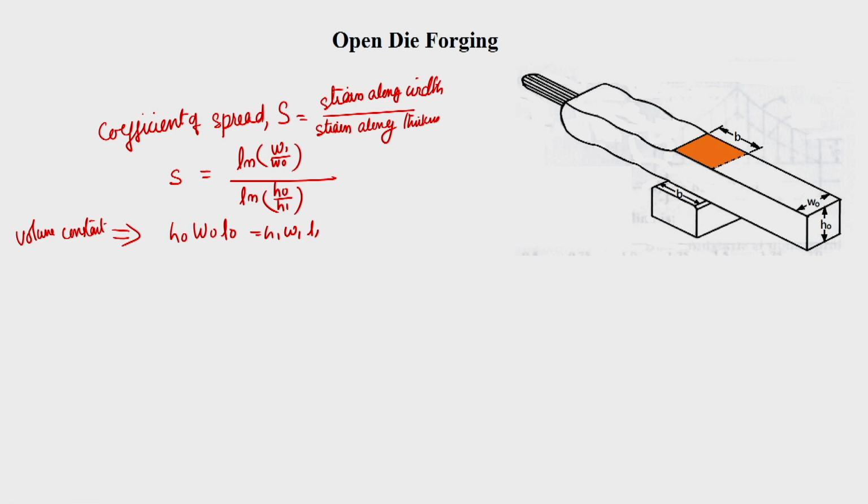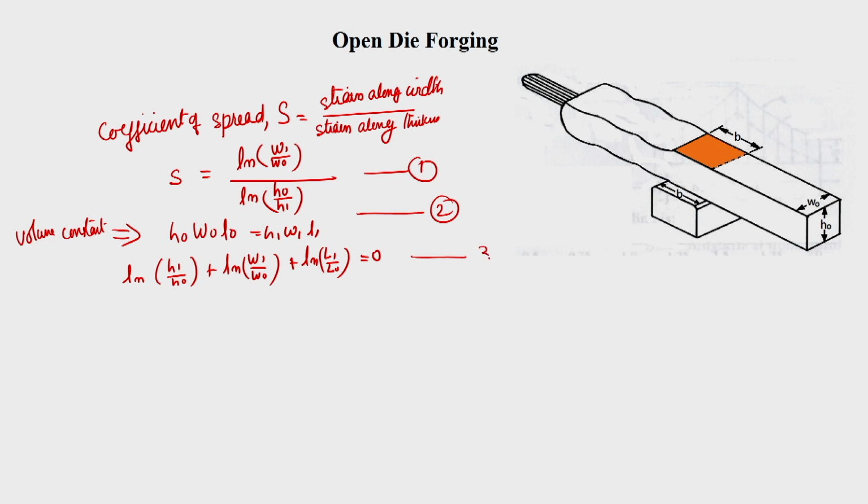From that we can find the relationship if you take the natural logarithm: log H1 by H0 plus log W1 by W0 plus log L1 by L0 is equal to 0. This was our first relationship, this is your equation number 2, this is equation number 3.